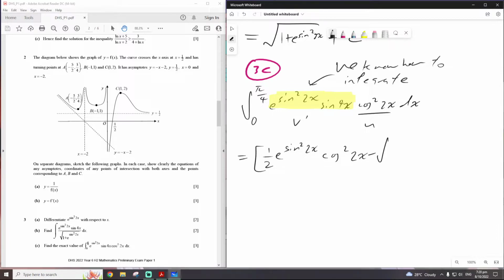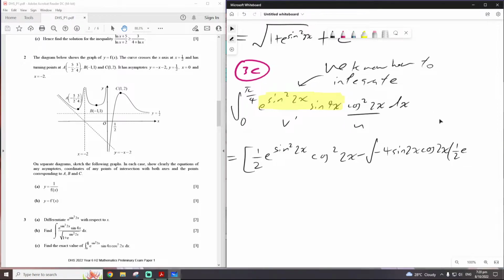So if I take the derivative, this is minus 4 sine 2x cosine 2x. Alright, and multiply this by half e sine square 2x dx, and this is a definite integral 0 to pi over 4.